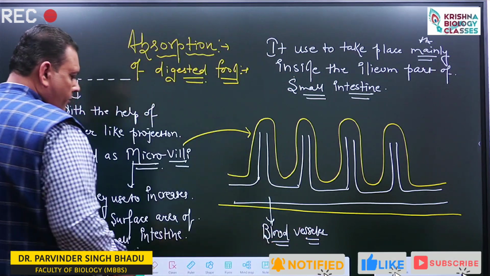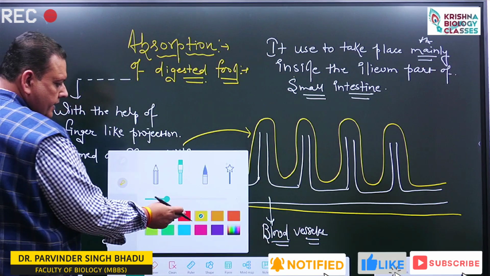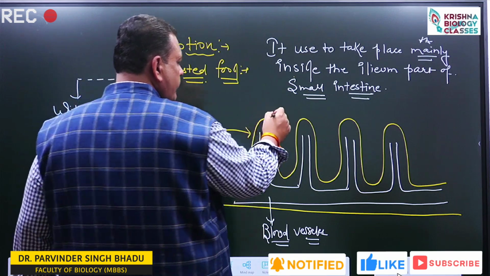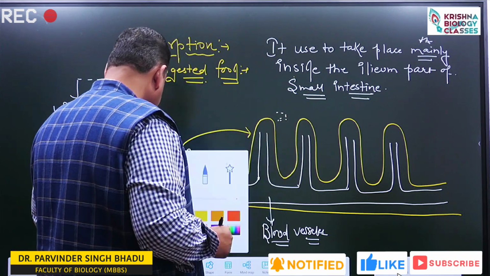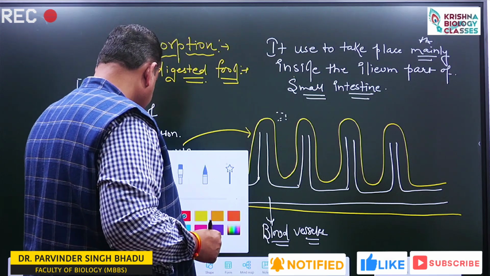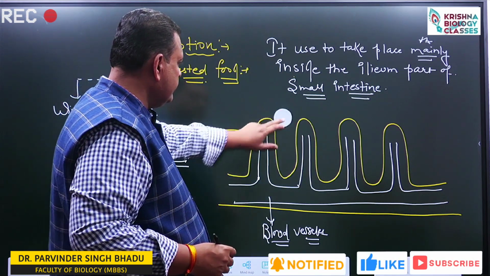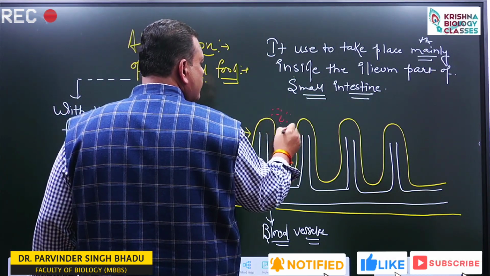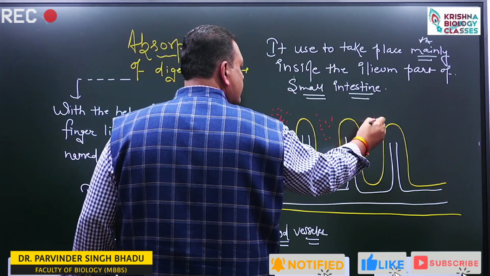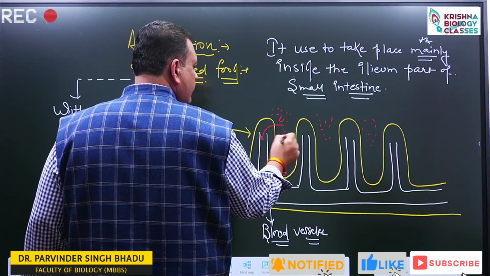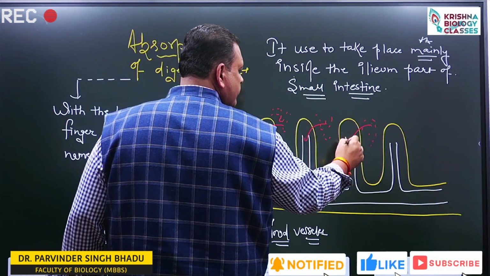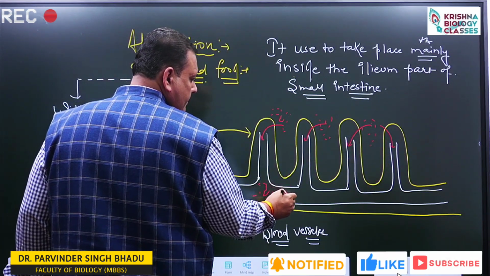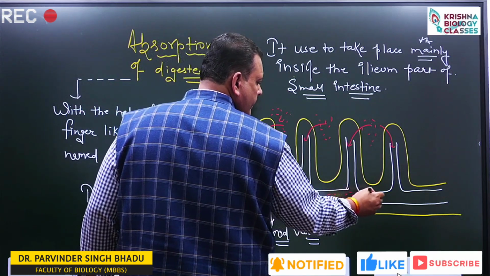Now, when we eat food, the food particles get converted into soluble form. Now, these soluble forms are present over here, and these soluble forms start to enter into the blood vessel. As a result, these soluble food particles enter inside our blood vessel.